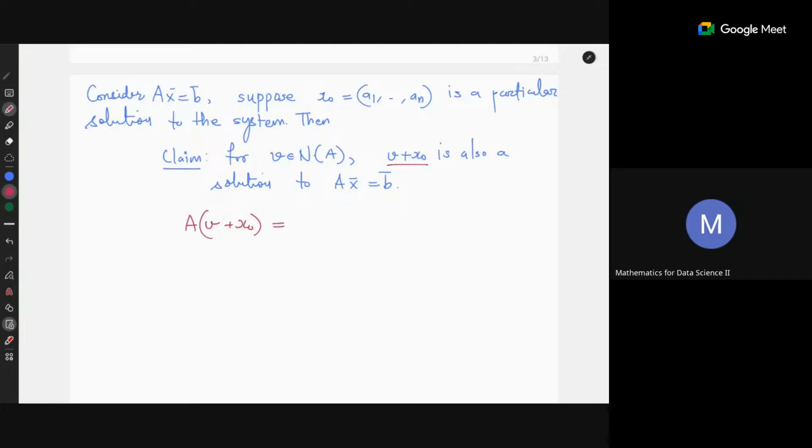Now, this is how you multiply. Since v is in the null space of A, it means that Av is a zero vector. So let's keep this aside. What we get then is 0 plus Ax naught.